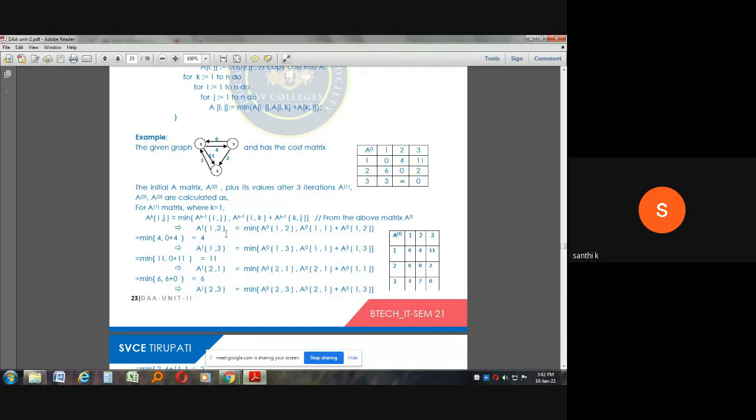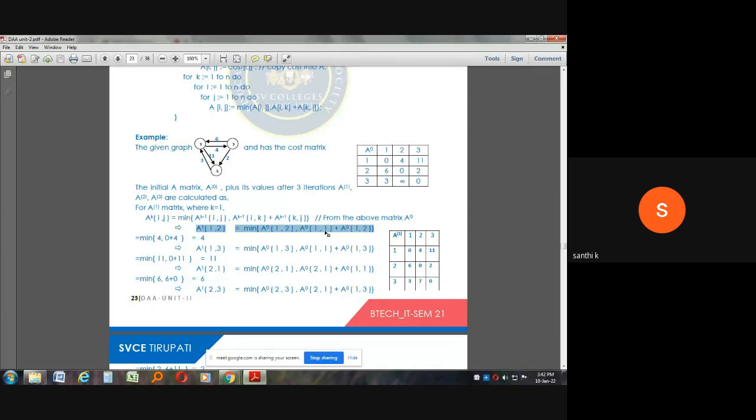So a power 1 1 comma 2. Here, minimum of a power k minus 1. The k value is 1, so 1 minus 1 is 0. So a power 0 1 comma 2, comma, a power 0 1 comma 1 plus a power 0 1 comma 2. Here k value is 1.